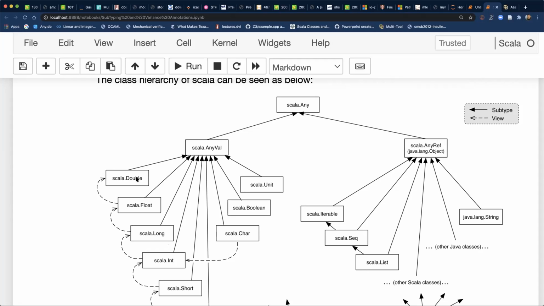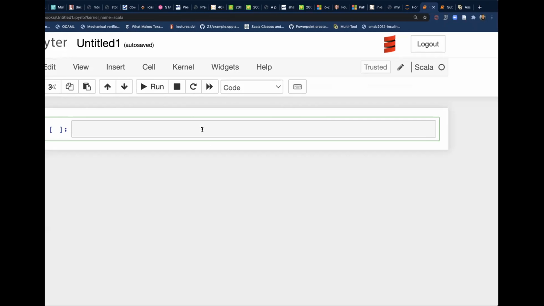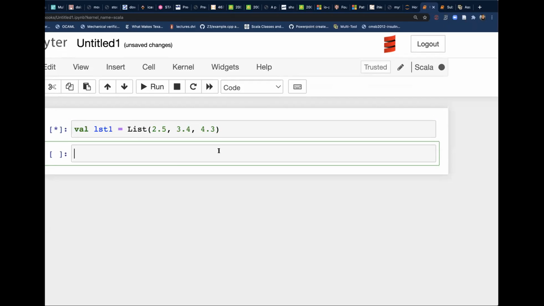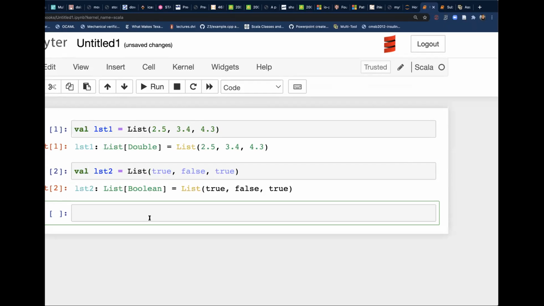Let's take a list with double and boolean and put them in the same list. Scala will let you do this. Let's take val lst1 equals List of 2.5, 3.4, 4.3. This is a list of double. And let's do val lst2 equals List of true, true, false. That's a list of Boolean, no problem.